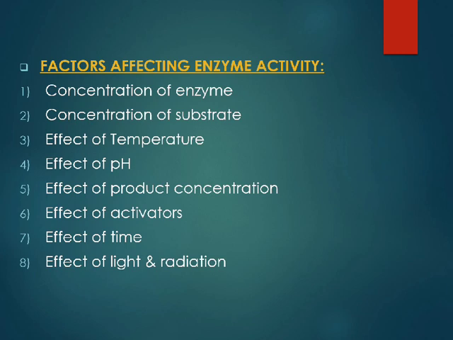There are certain factors that will affect the enzymatic activity in the body. The first one is concentration of the enzyme, then concentration of the substrate, temperature effect, pH effect, product concentration effect, effect of the activators, effect of the time, effect of the light and radiation.